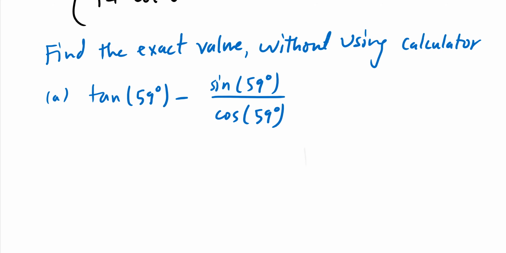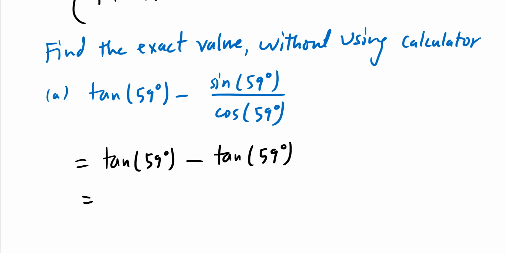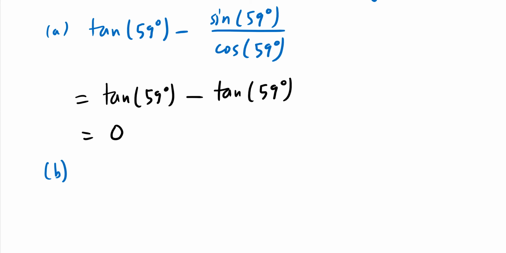Well, the first thing, what can I do with that fraction? Nothing can be done for tangent, but sine over cosine is tangent. So what does that give us? Tangent minus itself, so that's 0.